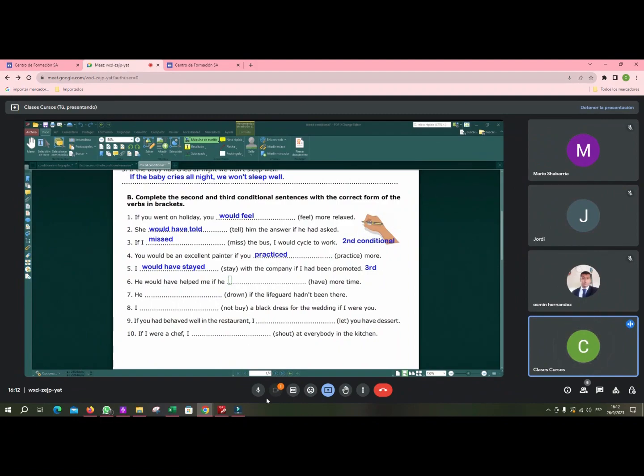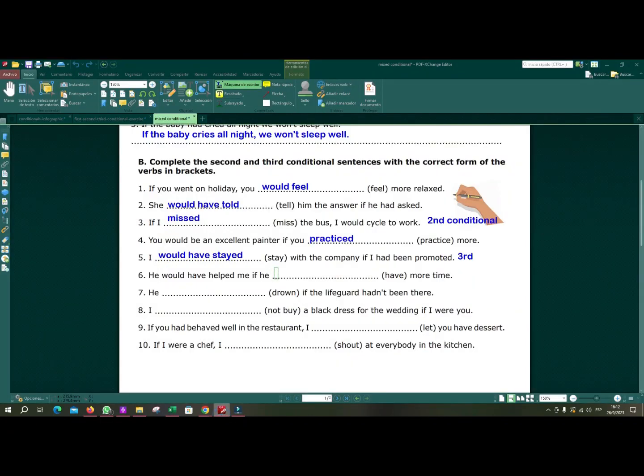Remember that there you're going to have the past perfect. So he would have helped me if he had more time, right? So that will be the correct form. That is the third conditional also.